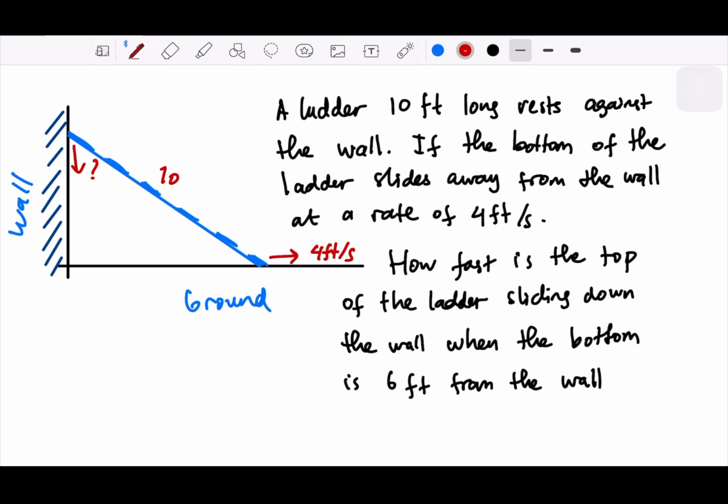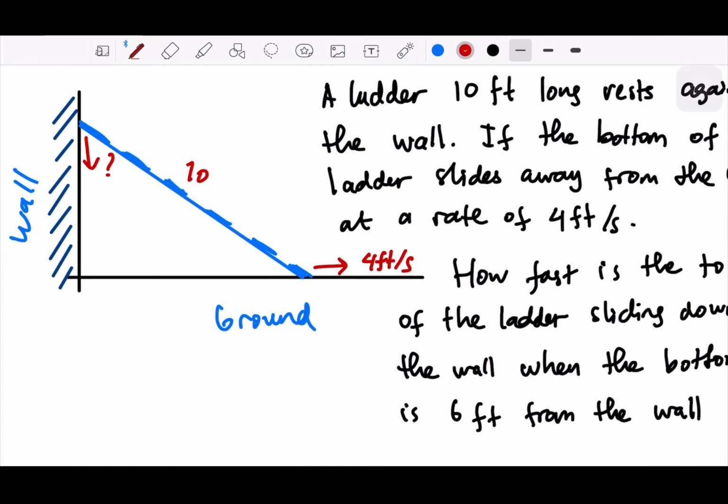So when you have this question, do not put 6 as a constant at the beginning. That will lead to a wrong conclusion, because that is not the goal of our question. The goal is connecting the rates first. Let's name our variables to make it easy to observe: this is x, this is y.